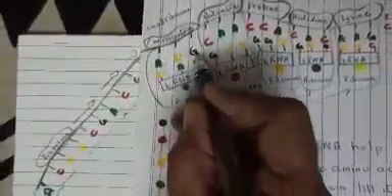For example, if you take the triplet AUG, which is on the messenger RNA, it codes for the amino acid methionine. Now go to the next triplet, CAA, on the messenger RNA. It codes for the amino acid glutamine.